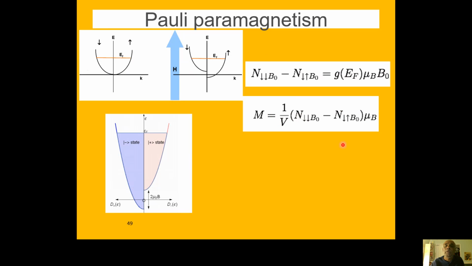That is the total number of magnetic dipoles per unit volume. So that is your magnetization, right?